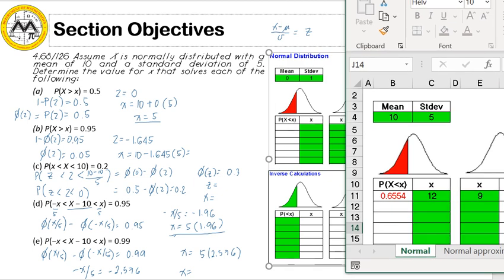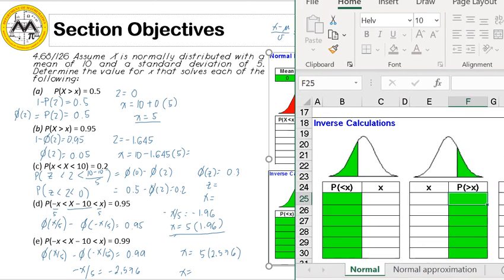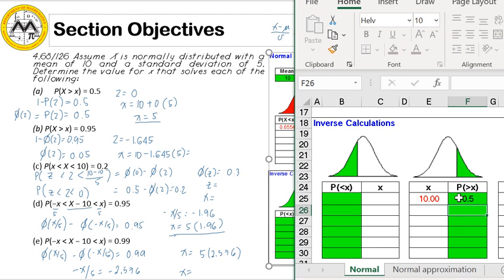So this is inverse normal, so greater than, for the first one, the probability is greater than 0.5. So we have 10 indeed. Sorry, wrong calculation.